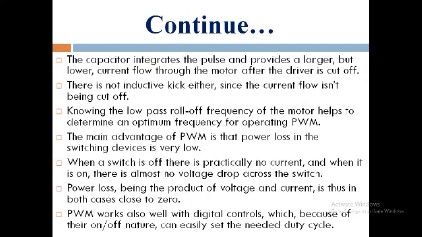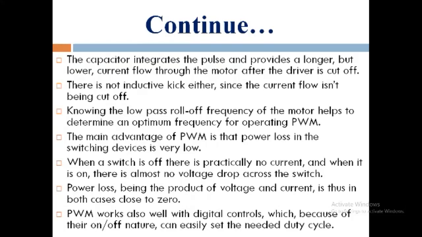Then the capacitor integrates the pulse and provides a longer but lower current flow through the motor after the driver is cut off. Then there is no inductive kick either, since the current flow is not being cut off. Knowing the low pass roll off frequency of the motor helps to determine an optimum frequency for operating PWM.